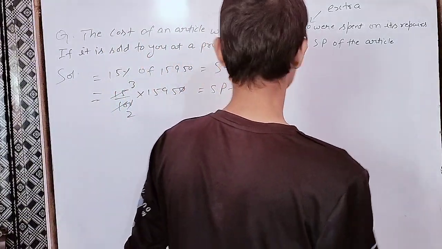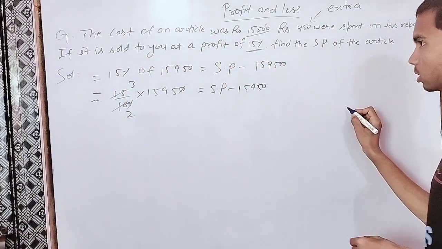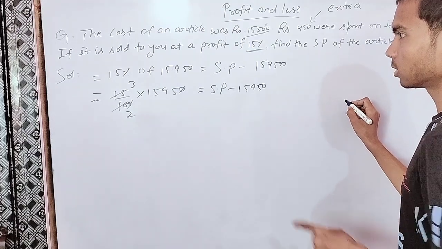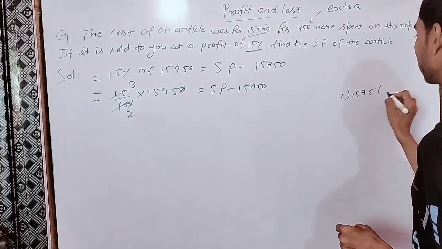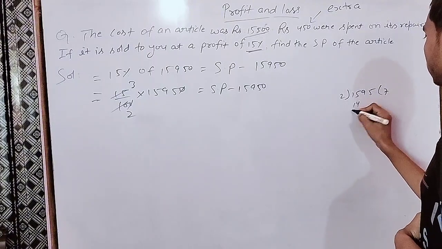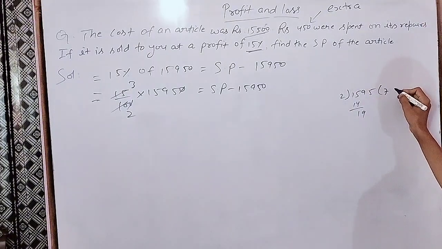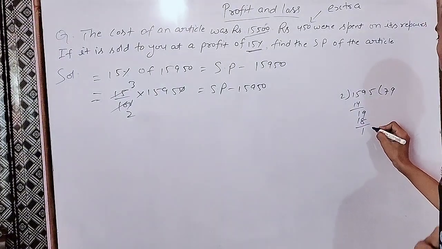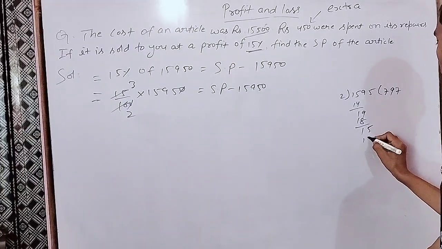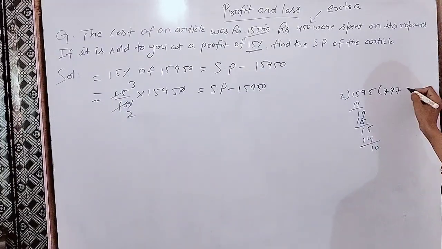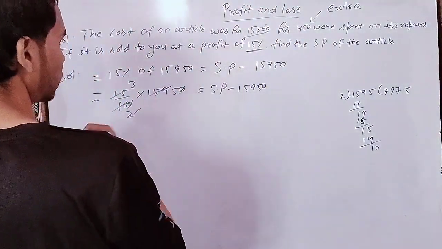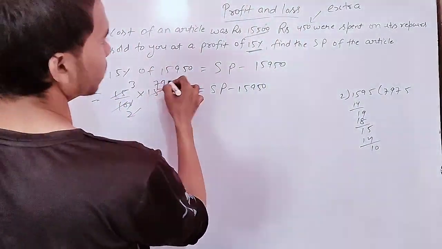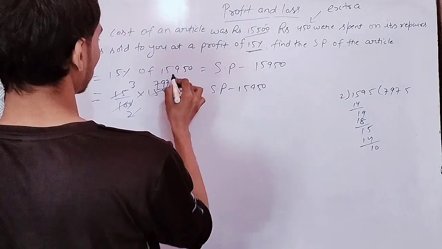Now, let's just see. 1595. Two sevens are 19. Two nines are 18. 157. 15. Clear? We will cut it by this number.